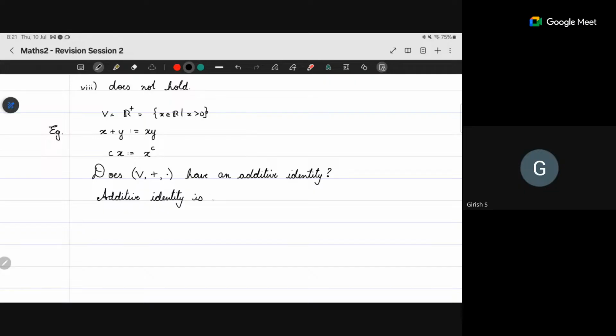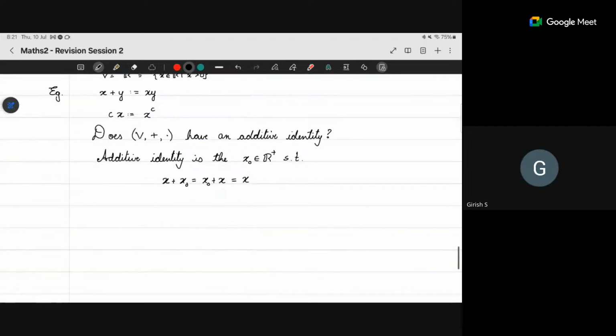Let me call it x naught. x naught belongs to R plus such that x plus x naught is the same as x naught plus x is the same as x. But what is x plus x naught? It is x into x naught. So this is x x naught. This is x naught x. So does there exist an x naught which satisfies this condition?